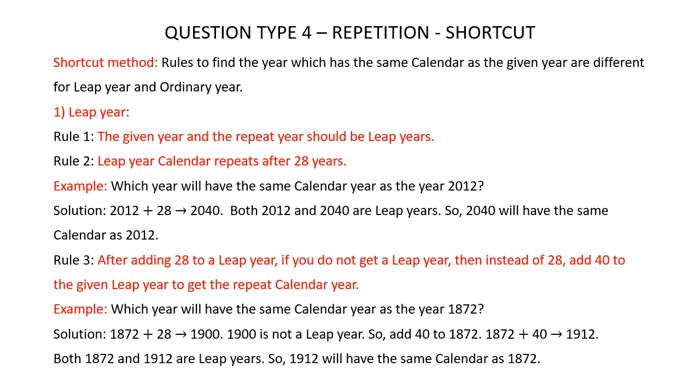So 1872 plus 40 gives us 1912, and as you can see 1912 is a leap year. So both the given year 1872 and the year 1912 are leap years. So 1912 will have the same calendar as the given year 1872.